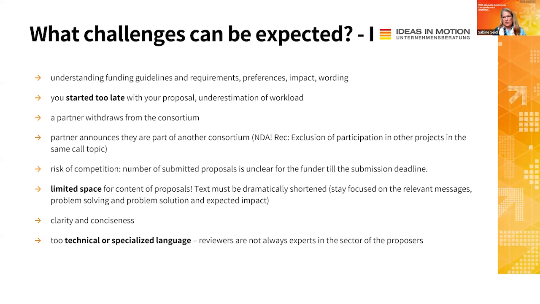So when you start the planning process, the exclusion of participation in other projects on the same core topic should be communicated, especially to the core partners, because you need them. The risk of competition, I told you before: it's possible that many more proposals are submitted than expected. So you should be aware of that.